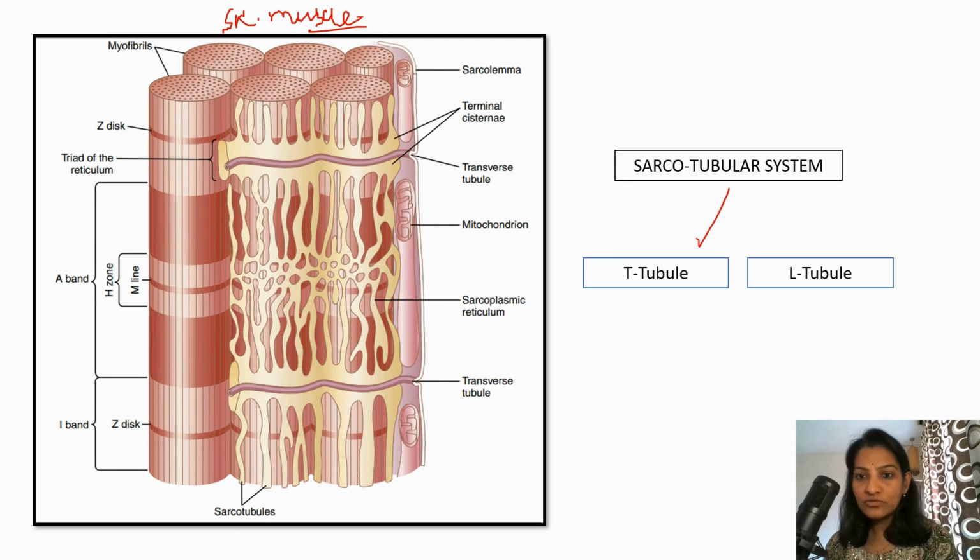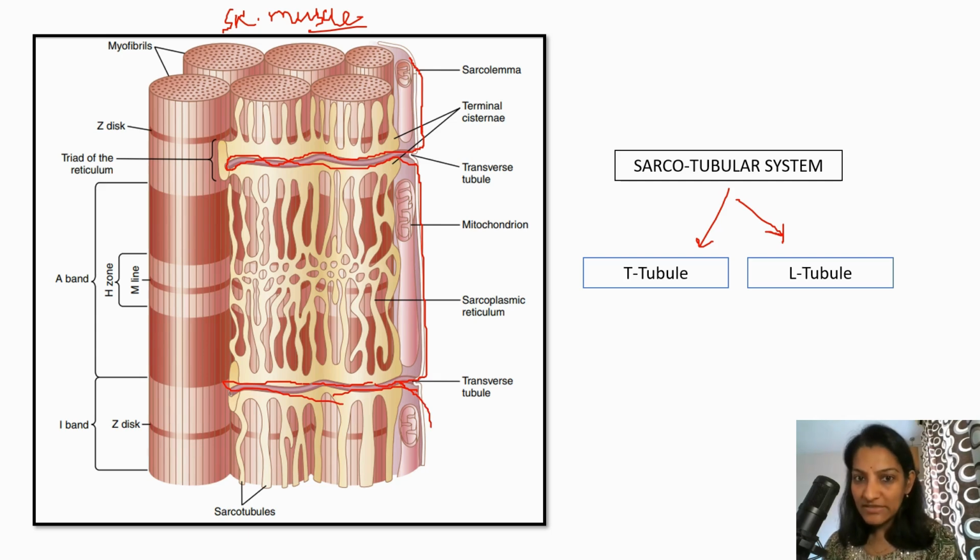The sarcotubular system has two types of tubules present in the muscle structure, the T-tubule and the L-tubule. The T-tubule is the sarcolemma, the cell membrane of a muscle cell, and this sarcolemma invaginates and inserts into the cell itself transversely, then comes back and runs again on its surface, then invaginates inside transversely and comes back. So these invaginations of the muscle cell membrane are known as the T-tubule.